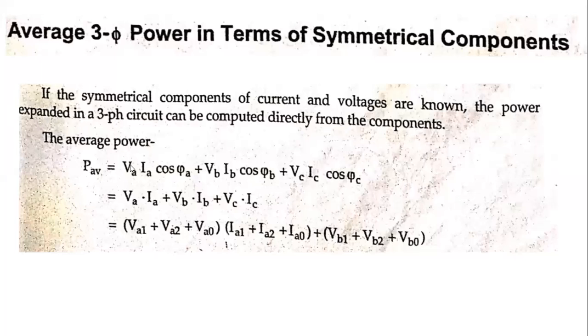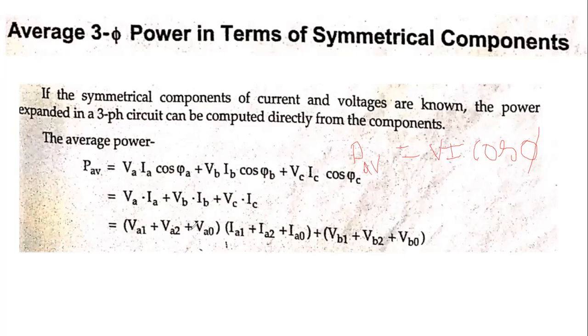Therefore, we write the average power formula, VI cos phi. P average is equal to VI cos phi.